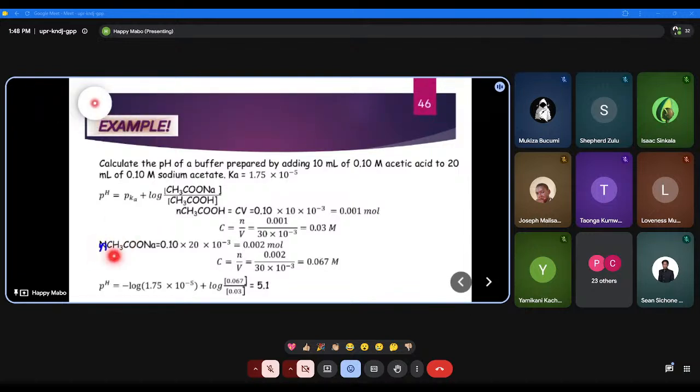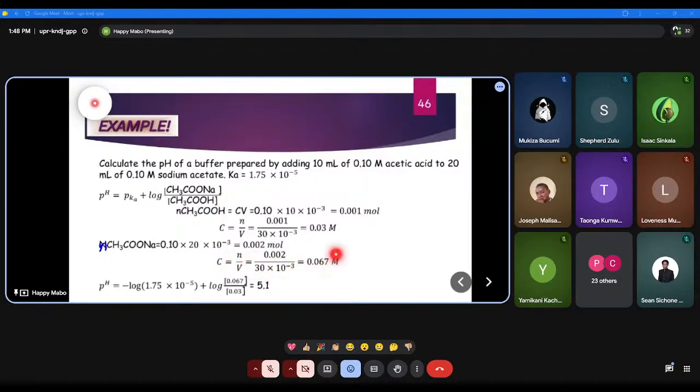And it should be small letter n here. So the number of moles of sodium acetate is the concentration given initially, multiplied by the volume that we were given. The number of moles is 0.002 moles.